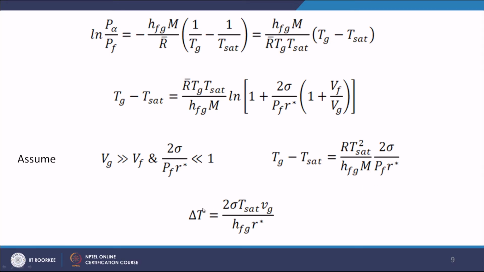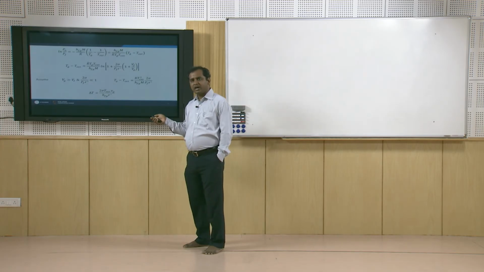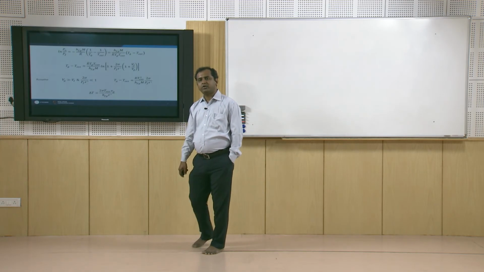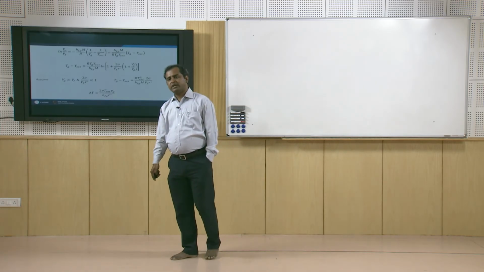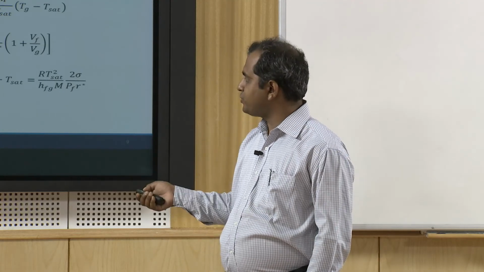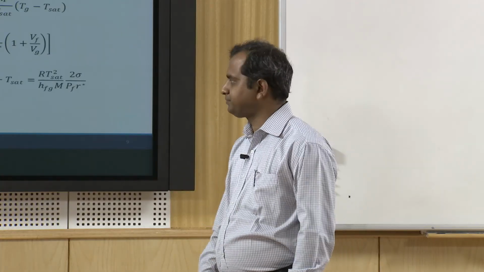Further simplification gives delta T equals 2 sigma Tsat Vg by HFG r star. So, you can see that delta T has an inverse relationship with r star. This gives an idea of what the bubble radius will be for a variable degree of superheat. So, this equation is very important for finding the departure radius of a bubble.